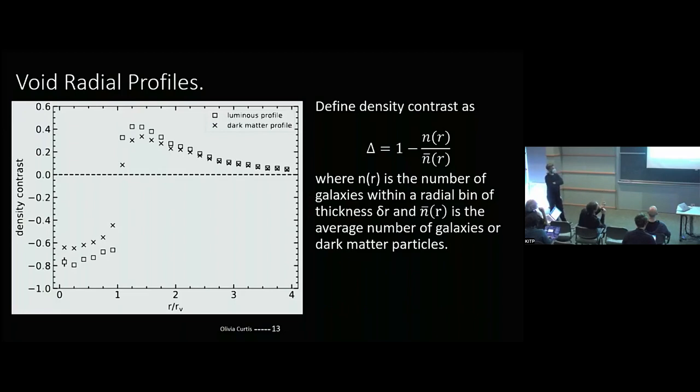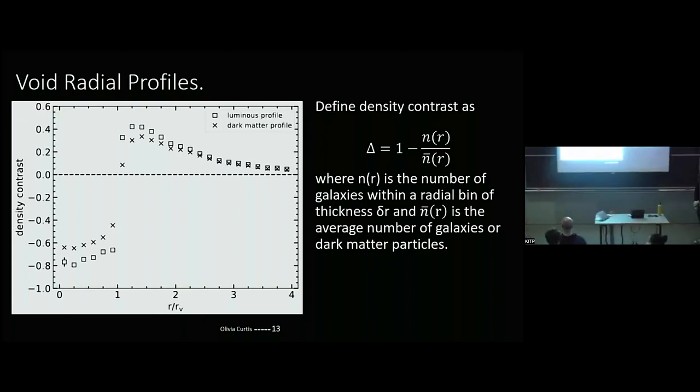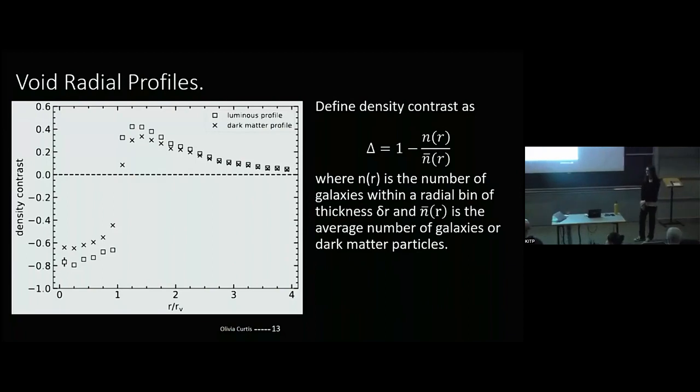Do you agree? Yes, I agree that it might be a bit of a stretch to say that these distributions don't match. Essentially you could define bias in terms of 1 plus delta, and then you could say it's the opposite. But if you define it with delta, which is the more traditional way of defining bias, then it's actually the same inside and outside.